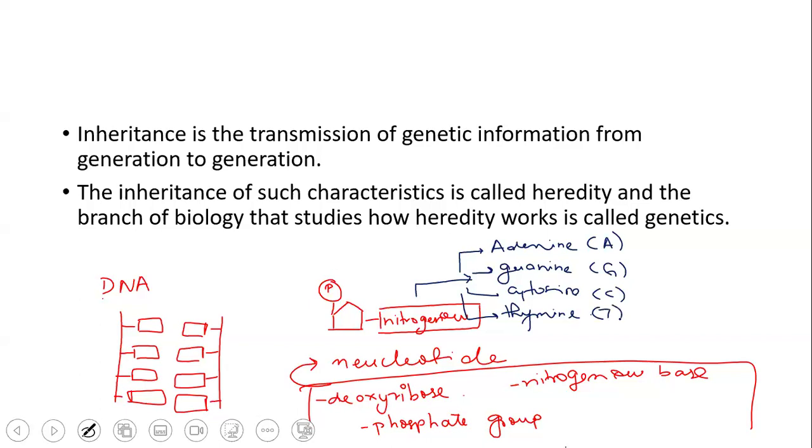Now, what is going to happen is this. This is DNA, okay? DNA is a double-stranded structure. What does a double-stranded structure mean? It means that you have got 2 strands of DNA that are facing each other, right?